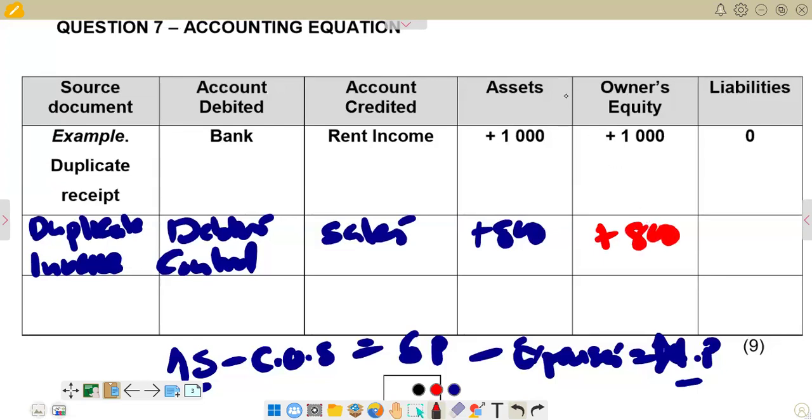Remember, the two sides that we have there: assets equals owner's equity plus liabilities. If you have a plus on the side of assets, the other side of the accounting equation should also be a plus. So we are having a plus and a plus, so that's what we have.